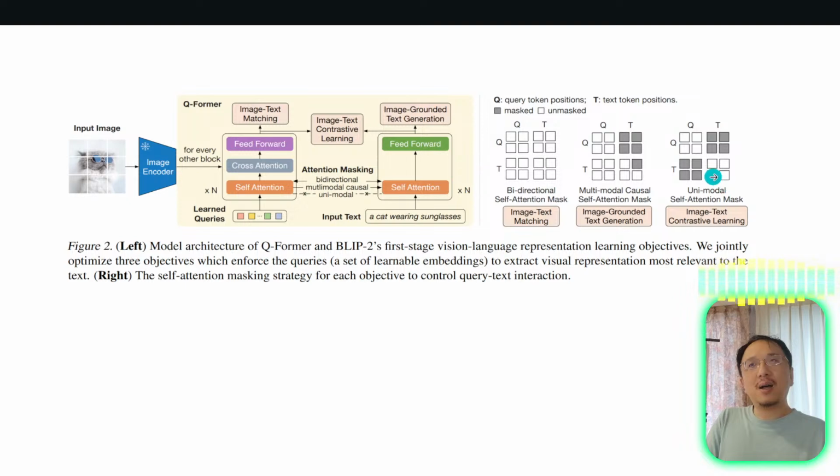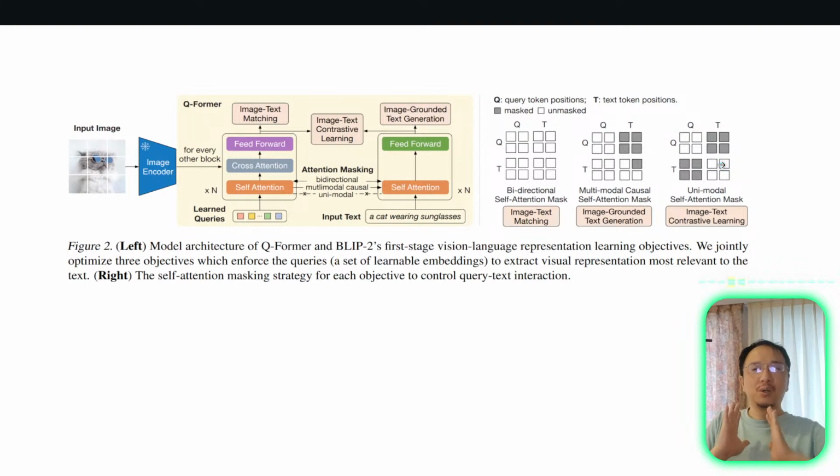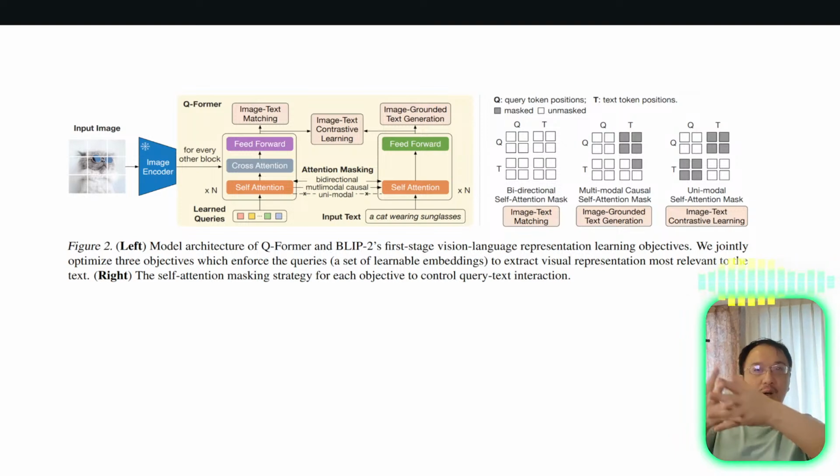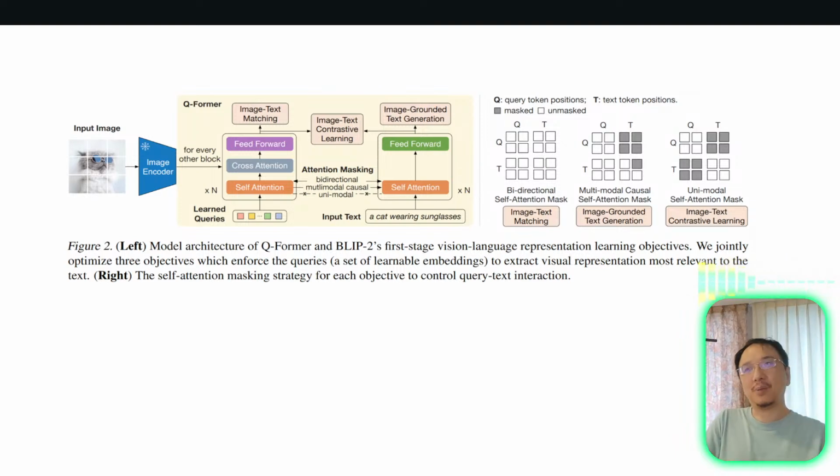So for the contrastive learning, the mask is such that the query has attention to itself, and the text has attention to itself. They are not all together. So it sort of has two different paths. The query has its own encoding. The text has its own encoding.